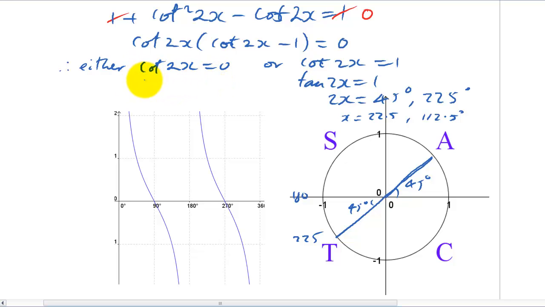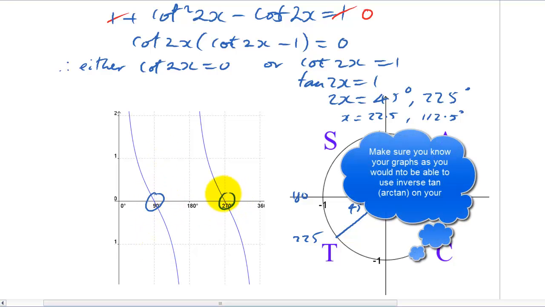A common mistake on this one is to think, well, okay, I've got tan 2x equals undefined, and then think, oh, it's undefined, I can't work it out. Let's look at where cot 2x does equal 0. Here's my graph of cot 2x. Remember, cot is just 1 over tan. So wherever tan is undefined, cot equals 0, which is here and here.